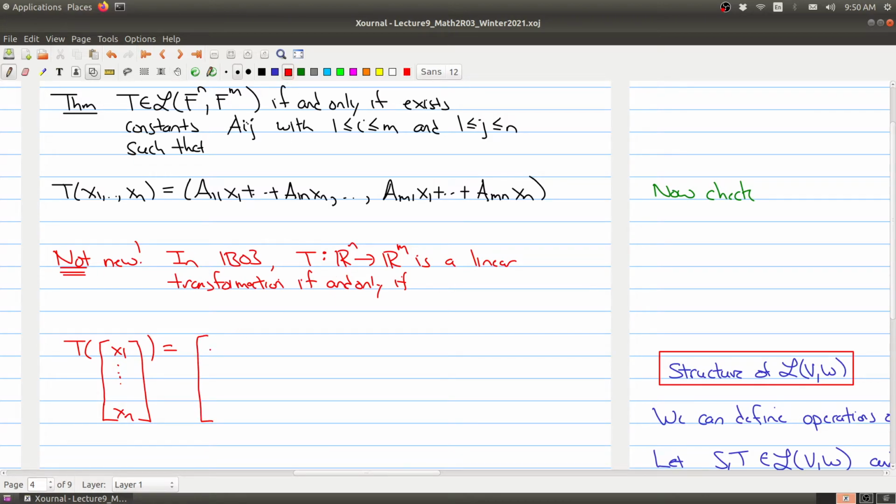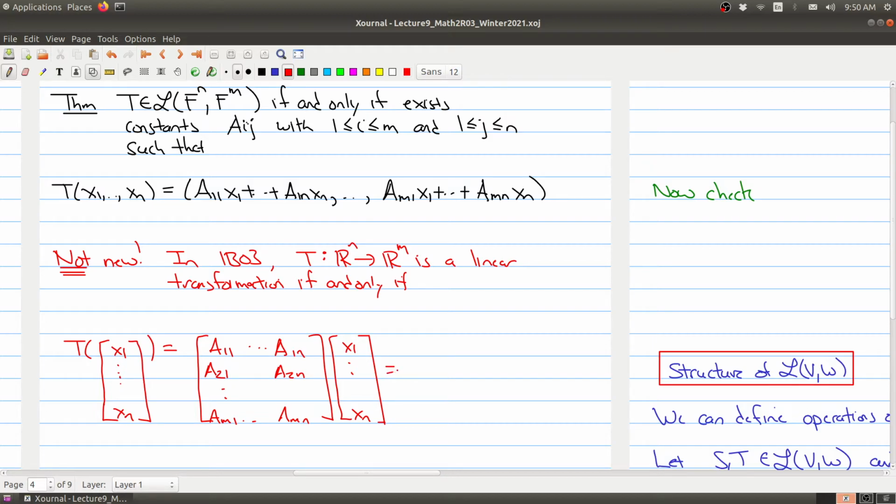there's some matrix out there that looks like A11 up to A1n, and then we have A21 up to A2n, all the way down to Am1 up to Amn, times the vector x1 through xn. Right, so we saw that we have a linear transformation if and only if there's some matrix that describes the linear transformation.